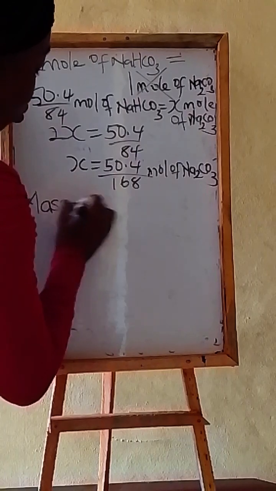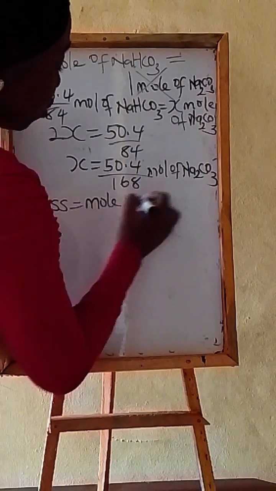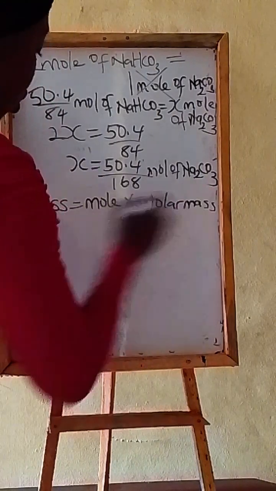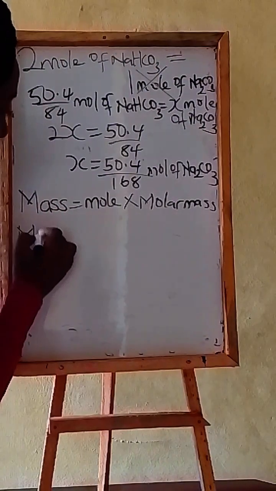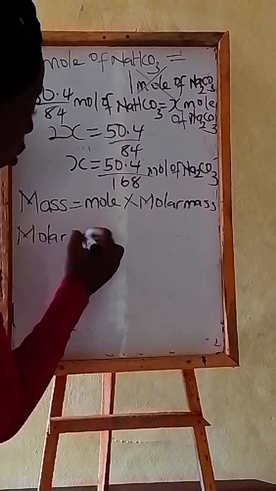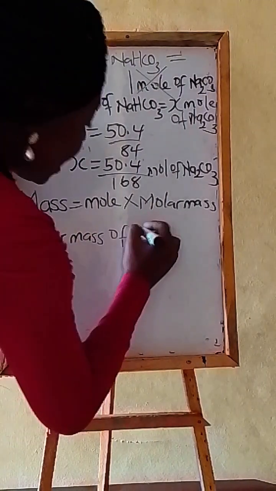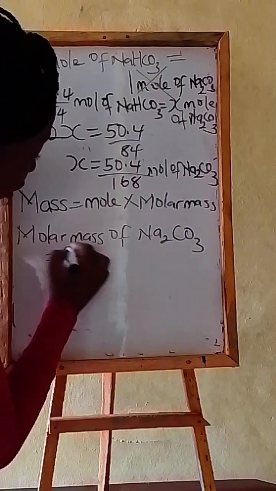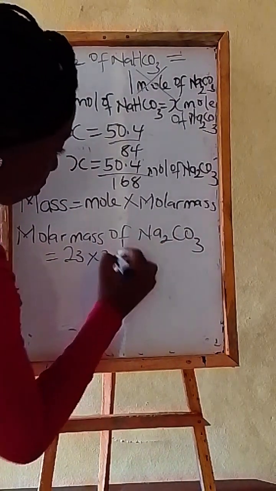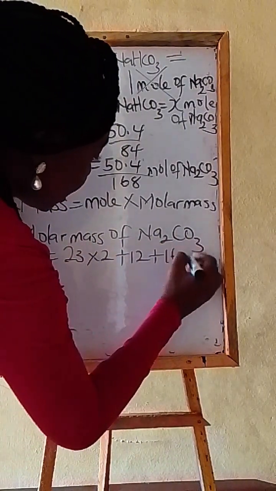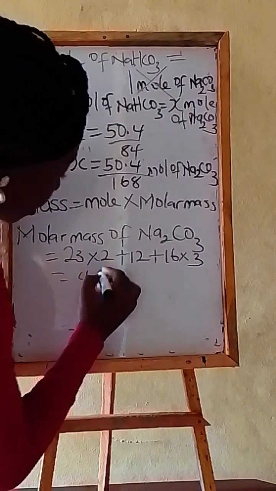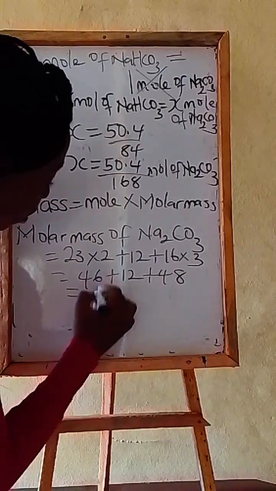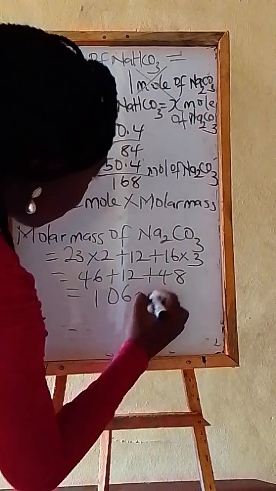Mass equals mole times molar mass. We have the molar mass of Na2CO3, which is 23 times 2 plus 12 plus 16 times 3. We have 46 plus 12 plus 48, so that gives us 106 grams per mole.